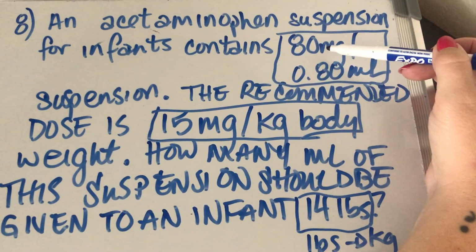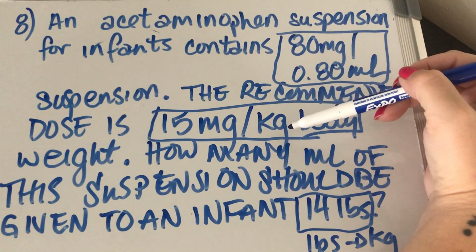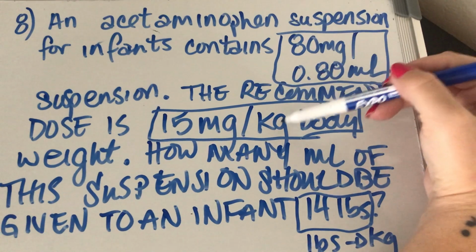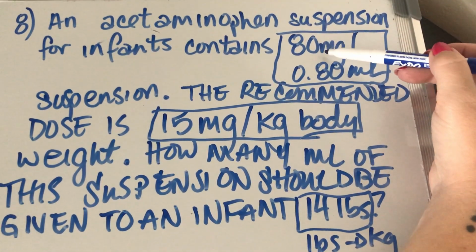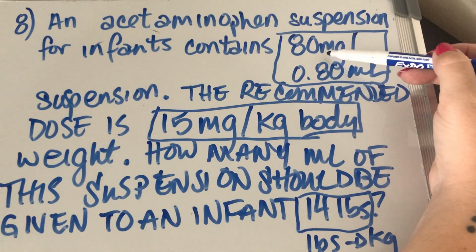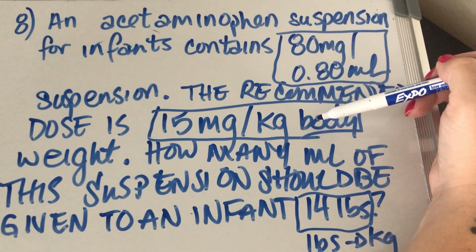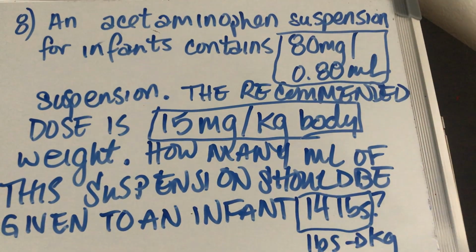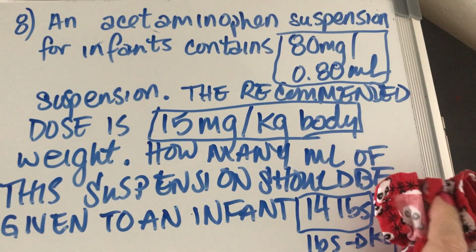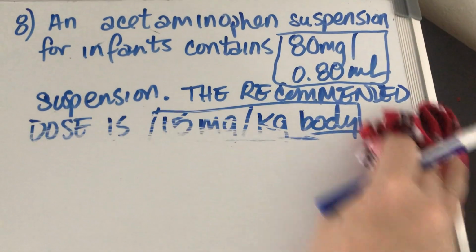I have milligrams and kilograms in this problem, but they belong to different things. Milligrams is acetaminophen, aka Tylenol. Kilograms is the weight of the child. I know that may seem really annoying to point out, but I have to write down the complete units, otherwise I'm going to mess up this dimensional analysis.